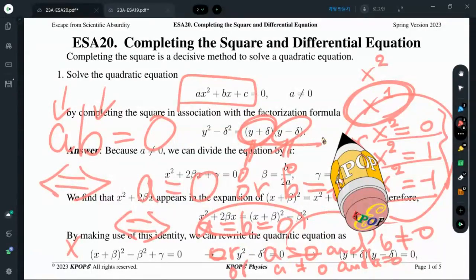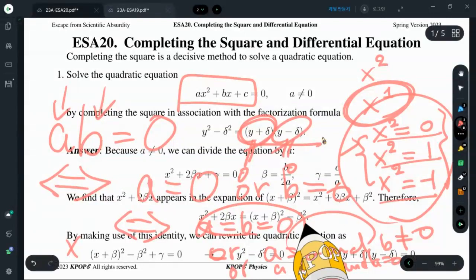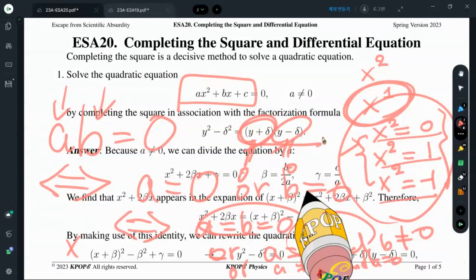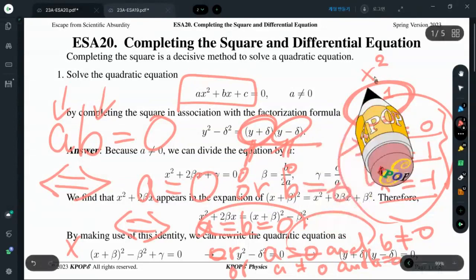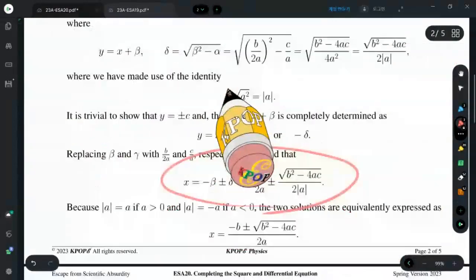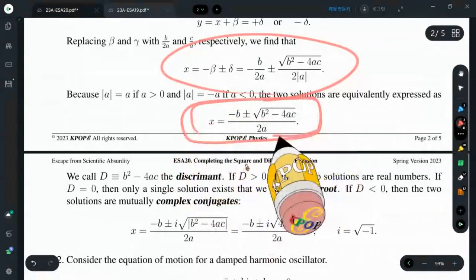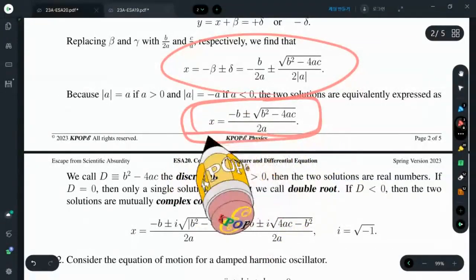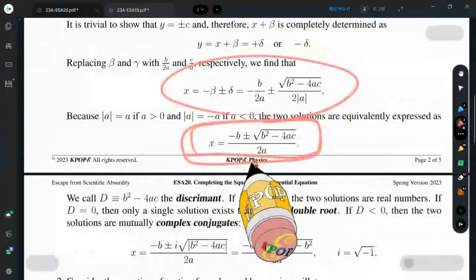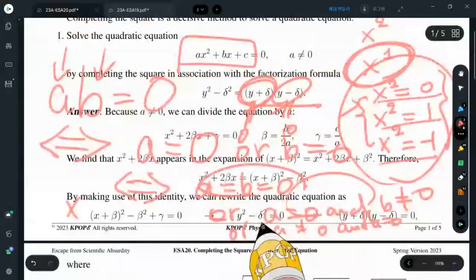Okay. So we'd like to make use of this idea to solve the most general second order differential equation. I believe everybody knows how to derive this answer. How?